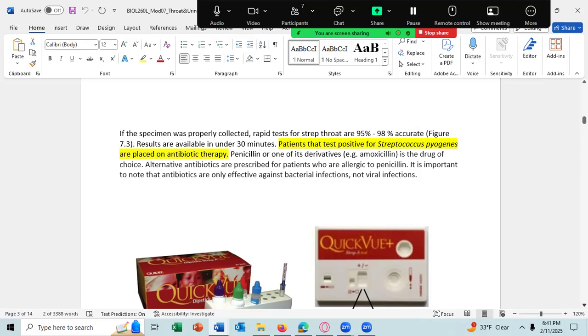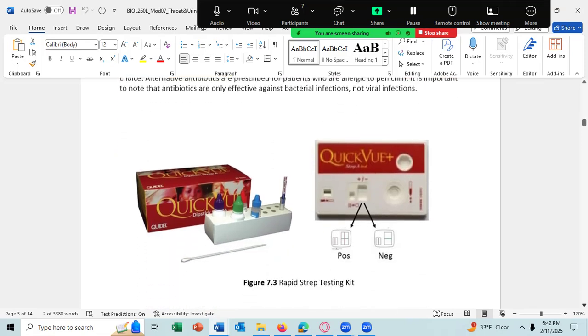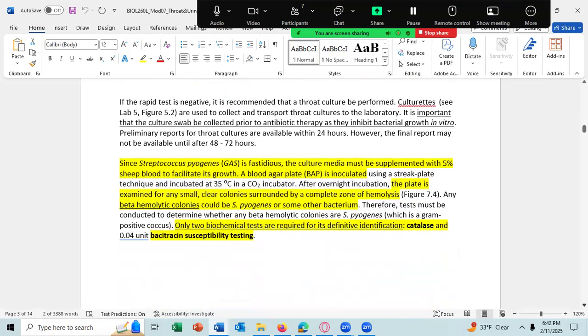The reason is that Streptococcus pyogenes has a capsule around it, making it very difficult for the patient to remove and attack the bacteria. Streptococcus pyogenes, or group A strep, is a fastidious organism, and it must be cultured on a plate with blood in it, usually 5% sheep's blood, and that's called the blood agar plate or BAP.